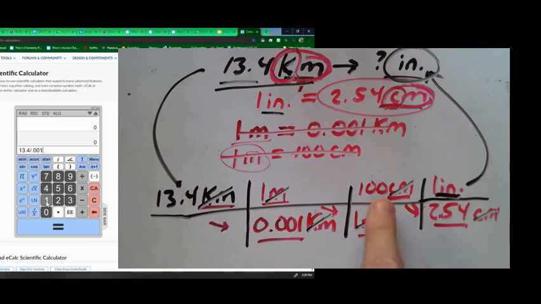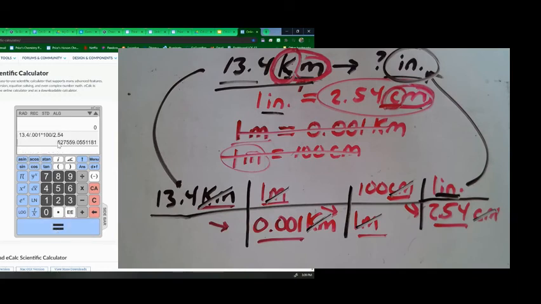Next cell over, notice that it's on top. If it's on top, you multiply. So you just go times 100. And then over here, it's on the bottom again. So you go divided by 2.54. And then you push equals.